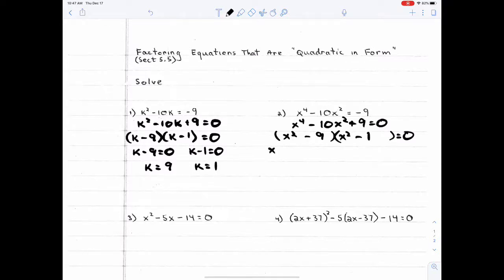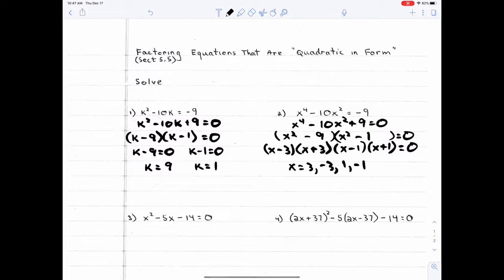And then we can factor this as x minus 3 times x plus 3. And I know I'm going through this quickly, but it's because I've already gone through it before, a couple minutes ago. And so we get x equals 3 and negative 3, 1 and negative 1. Okay? It just seems a lot easier to me.